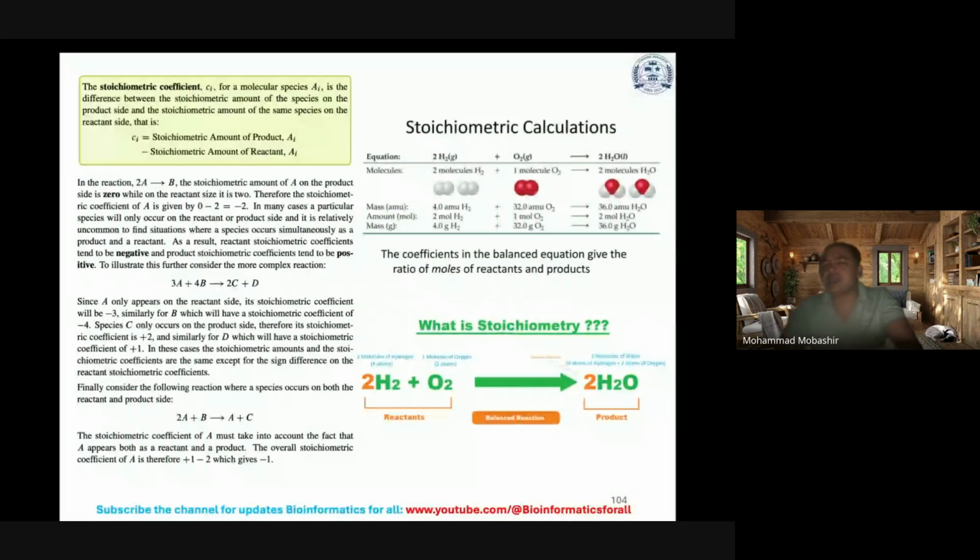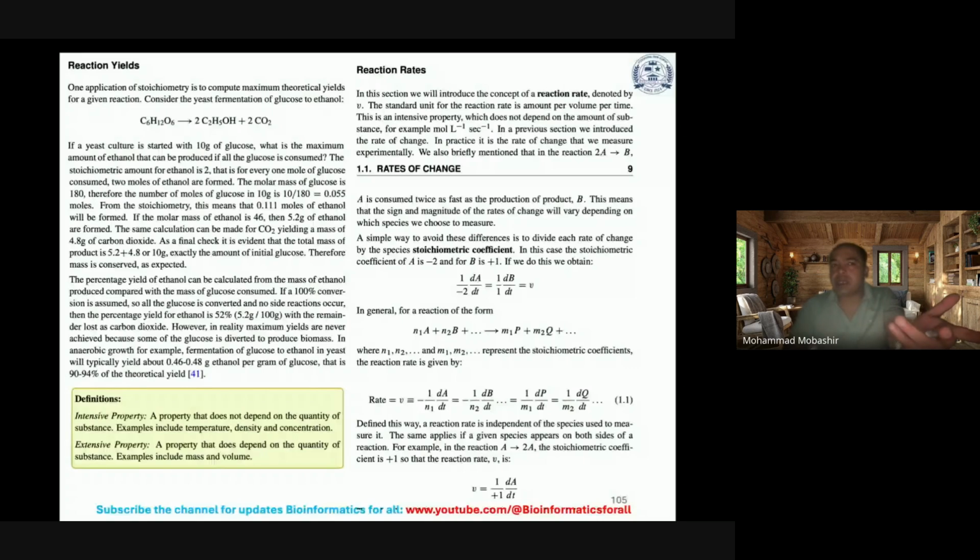You will understand most of the things related to chemical kinetics or mathematical modeling of a biological system. So now it comes to reaction yields, what you get in hand as product.